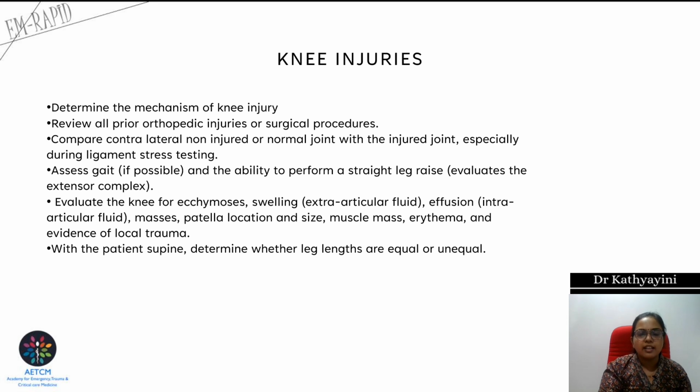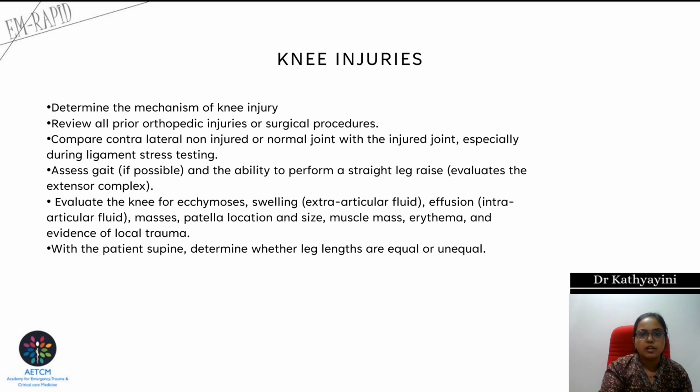joint. If the patient is mobile, we have to assess the gait, and also perform a straight leg raise test. If the patient can perform a straight leg raise test, we do that to assess the extensor complex. Then in the inspection part, we look for ecchymosis, swelling, any effusion, masses, and the patella.